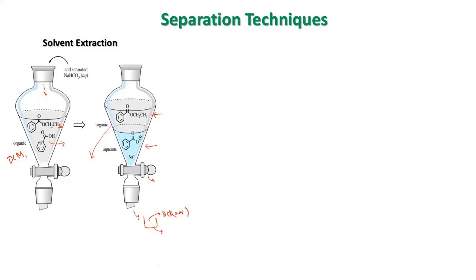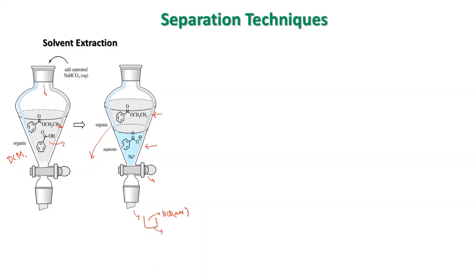Got it? So this is the way we should utilize different associated techniques to separate compounds by solvent extraction. Solvent extraction has its limit. It is not universal, because it cannot help us separate all different types of compounds from each other, particularly compounds of similar nature.